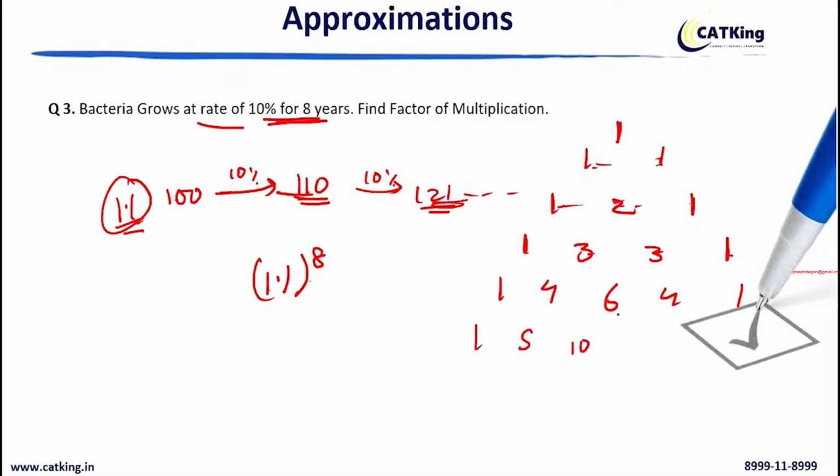4 plus 1, 5. But 10 is not a digit, which means carry over. So 1 will be given as a carryover, and this becomes 6. So 1 given to this as a carryover and then given to this. So 1, 6.